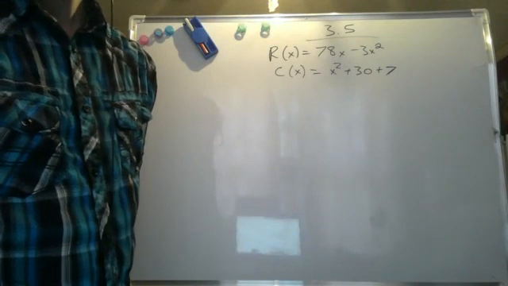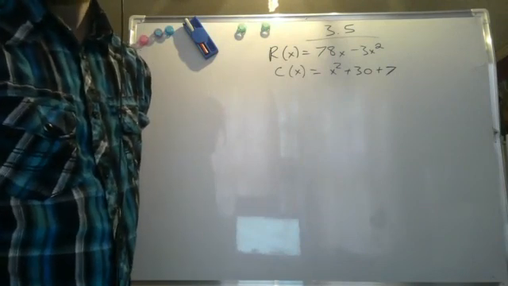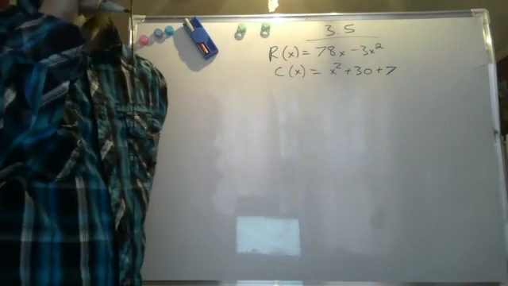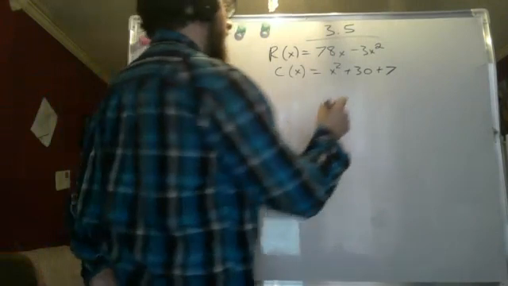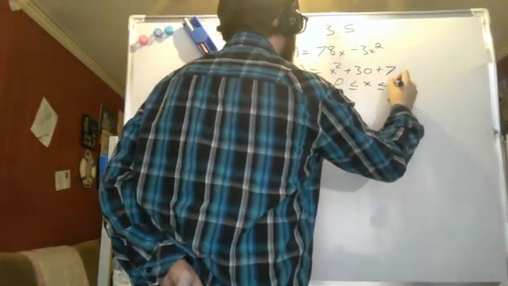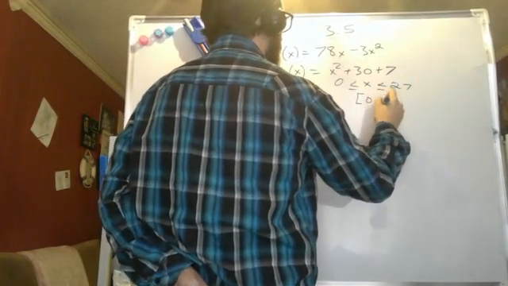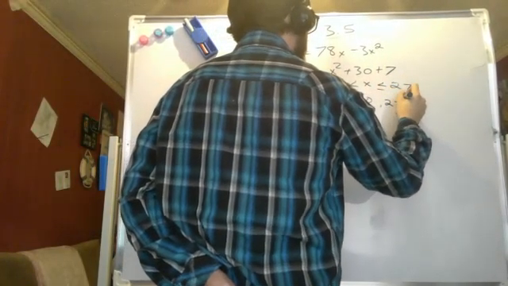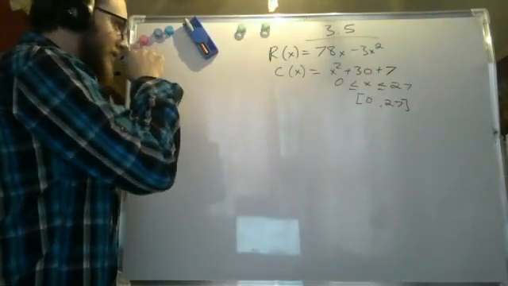Find the number of units of oil that are to be produced to maximize the profit if 0 is less than or equal to x less than or equal to 27. This last statement is important to note because this is indicating to us what our bound is. Now in the context of this question, why does a bound make sense?